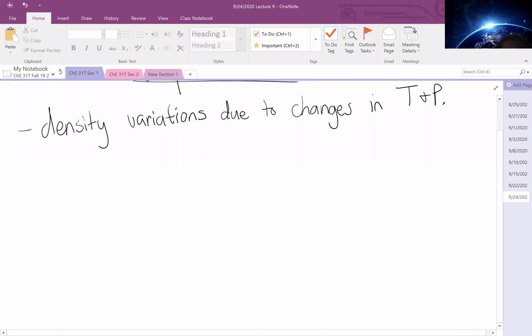And since we have those density variations, when we consider our mass balance, mass in is equal to mass out, and we extend it out in terms of density, velocity, and our cross-sectional area.